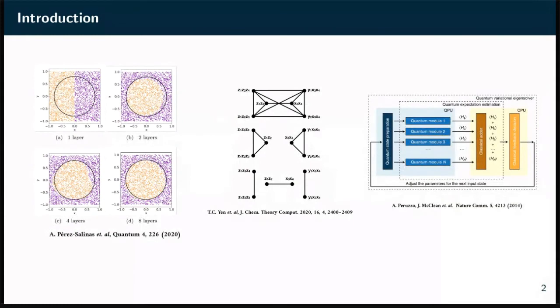Here are a few examples of people who thought about these things. On the left-hand side was a so-called classifier. You have all these points which are inside the circle or outside the circle, and they used a quantum circuit to detect whether a point is inside or outside the circle. They then trained the parameters of this circuit in order to have something like a quantum classifier.